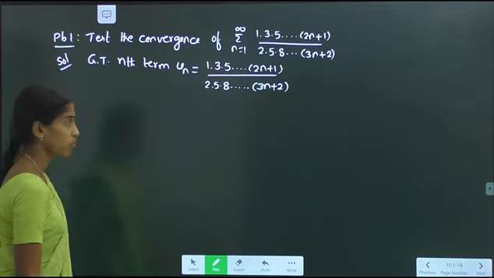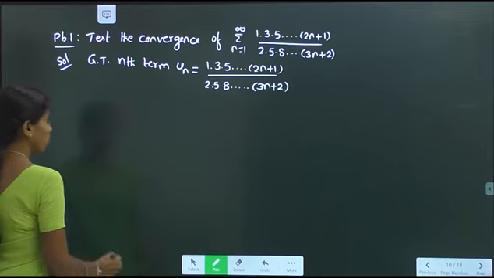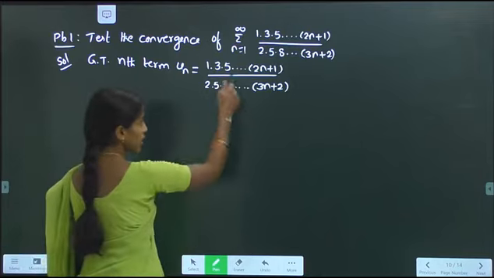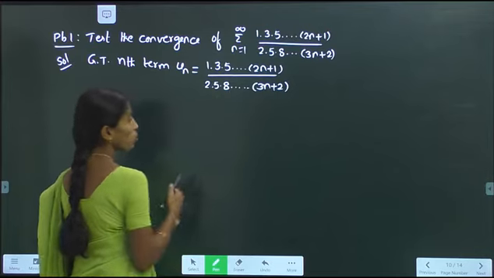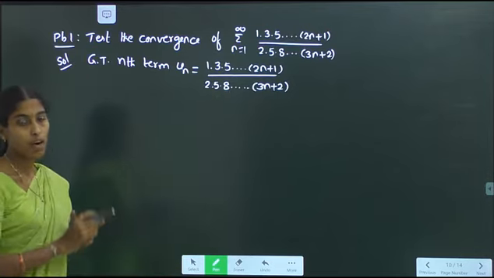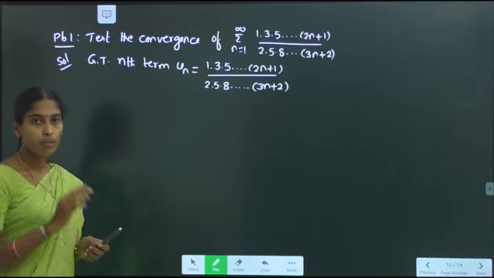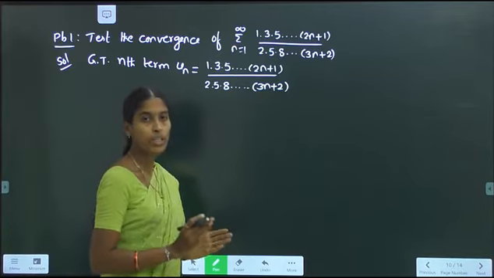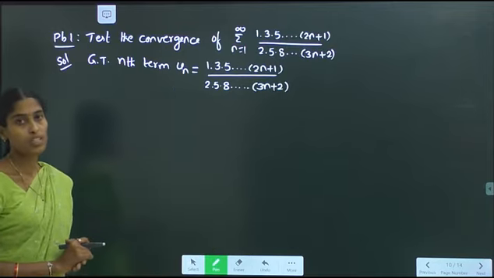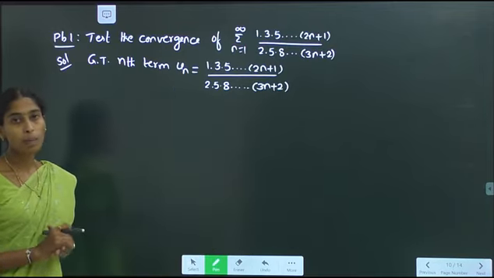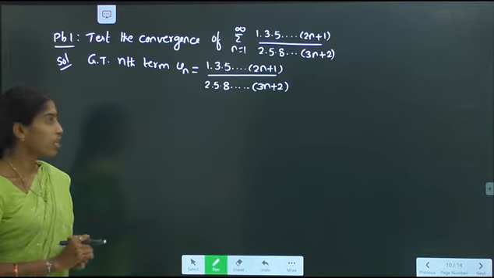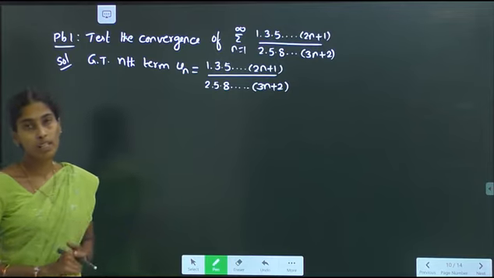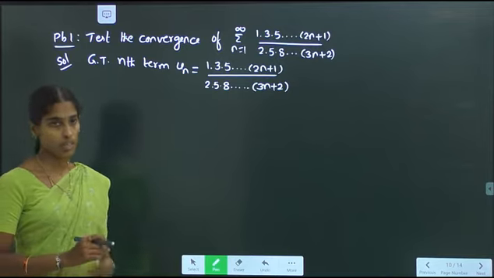To apply the limit form of comparison test here is not possible, because both the numerator and denominator consist of a product of terms. If it were only some fixed expression like 2n plus 1 by 3n plus 2, then we could apply the limit form of comparison test. But here we can't. Since products of terms are involved in both numerator and denominator, we can apply the ratio test, right?